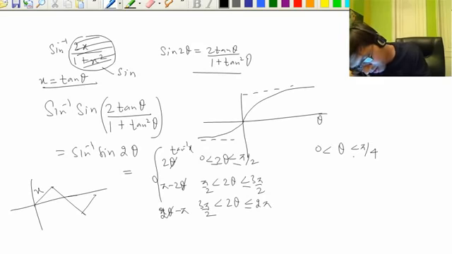Theta is tan inverse x, right? So tan inverse x, or we can say theta, lies from 0 to pi by 4. What about x? This is x, this is tan inverse x, that is theta, from 0 to pi by 4. So x lies from 0 to 1, right? So it is 0 to 1.